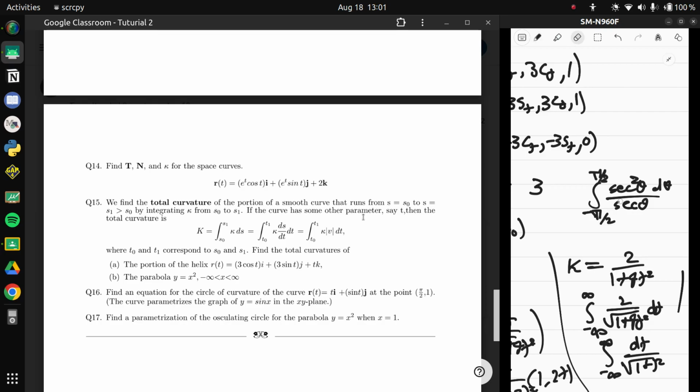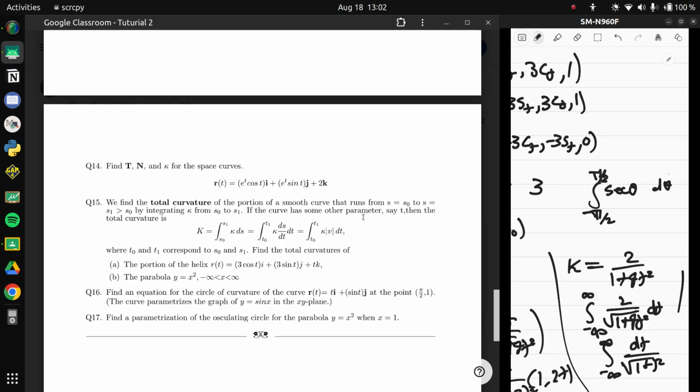So it's just secant theta, that's 1 upon cosine theta.